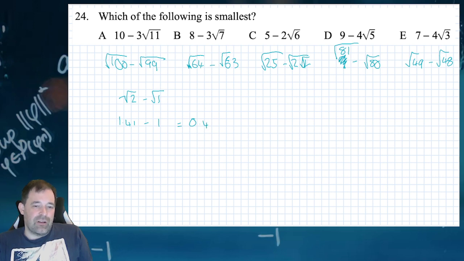And 0.4 is a large value, but the square root of 100 take root 99 is going to be almost 10 take 10 point something. So I'm almost certain it's A. It has to be A or C, because if you think about it, they're all in their unsimplified form. They're all 1 away, and you're looking for, as square roots get larger, does the gap between them get smaller? It does. So I think it's just got to be A. I know it's A. I'm just trying to explain it poorly.